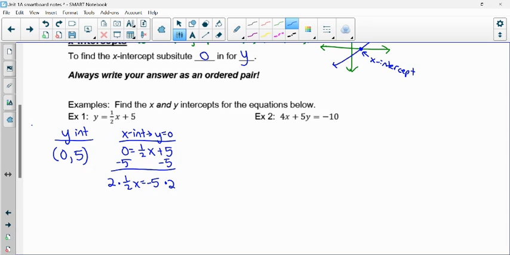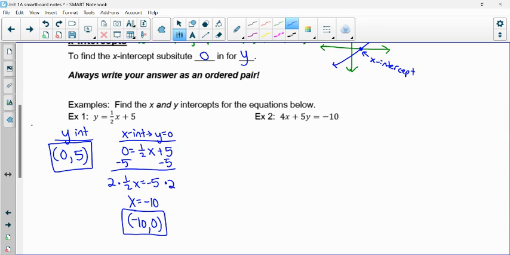If you have $2 and you split it in half with your friend, you each get $1. So that's what we want. 1x equals -10. And so our x value is -10, and again we put the y value of 0 in. So -10, 0 is our x-intercept, 0, 5 is our y-intercept.